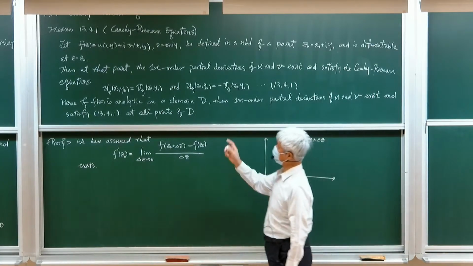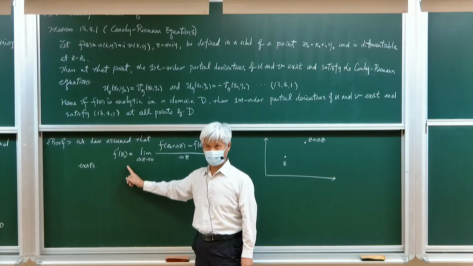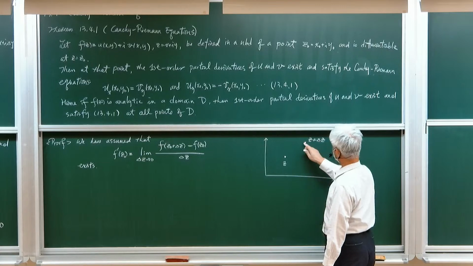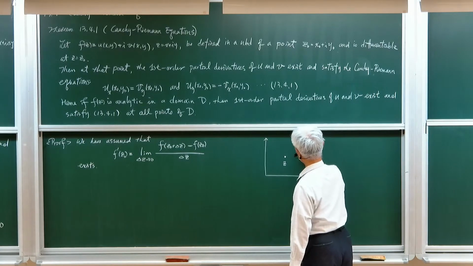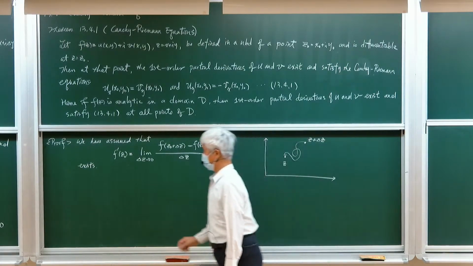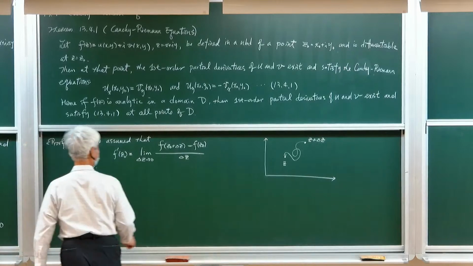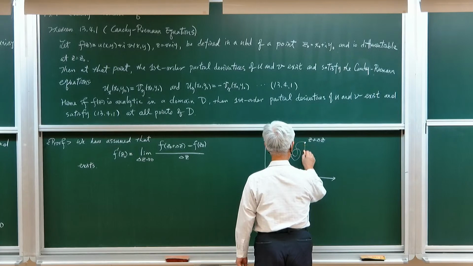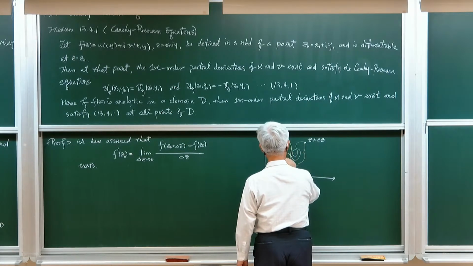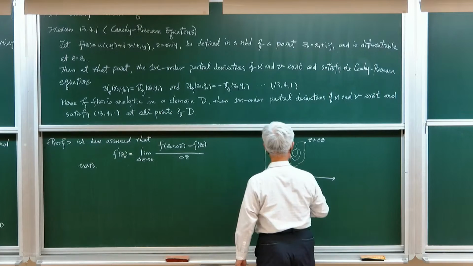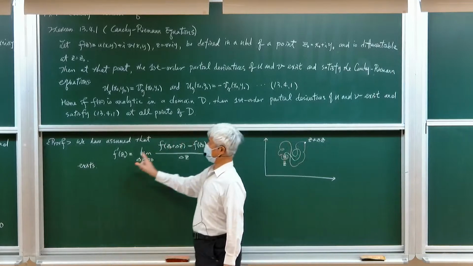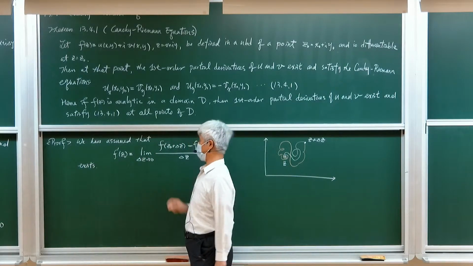The existence of the derivative says that no matter how z plus delta z approaches z, it can be going this way or this way, the limit always exists.